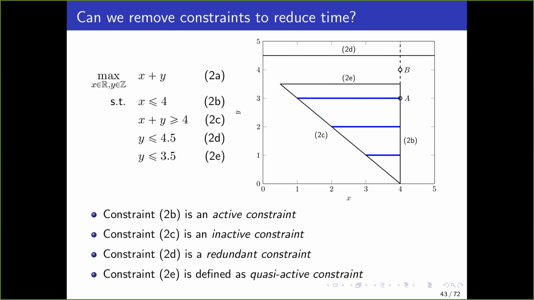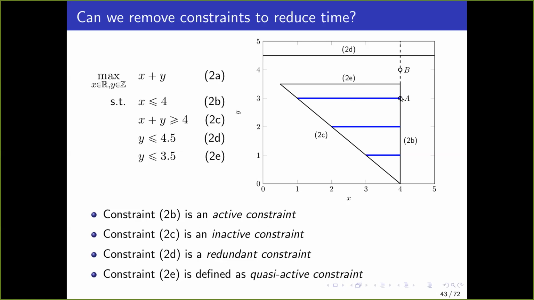Based on this optimum, we're going to classify the 4 different constraints. Constraint 2B is an active constraint because it's binding, and if you remove it, the optimum is going to change. Indeed, the problem becomes unbounded.